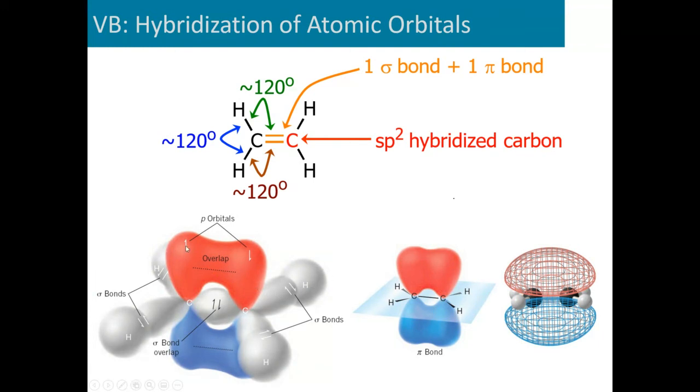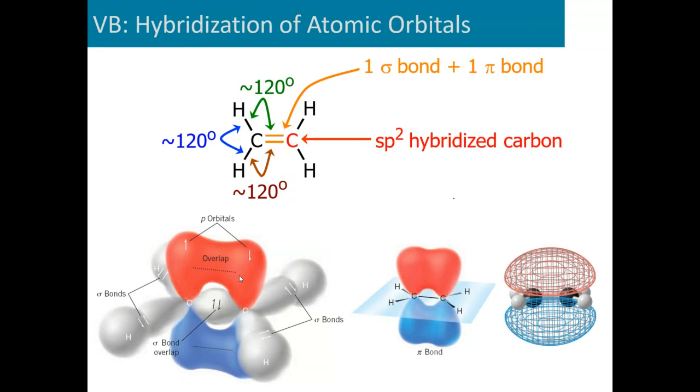And on the right, in red and blue, you have the p orbitals overlapping sideways with one another. This is your pi bond. As you can imagine, the head-to-head interaction in the sigma bonds is a stronger interaction than the side-to-side interaction of the pi bonds, and that's what makes the double bonds more reactive compared to the single bonds.